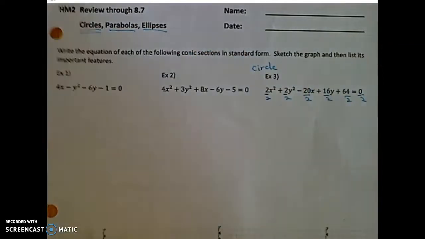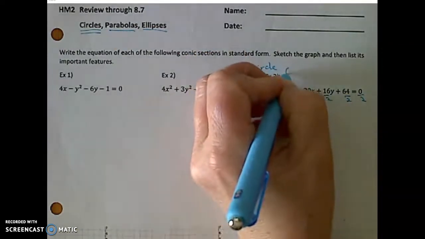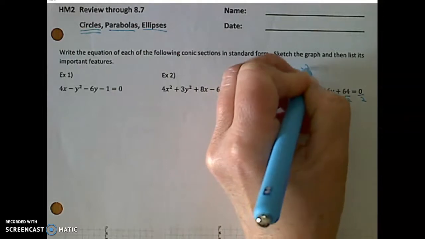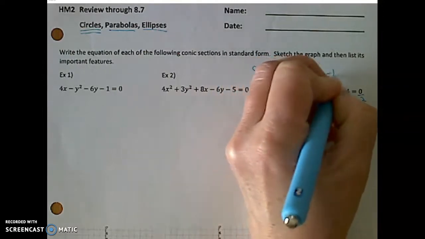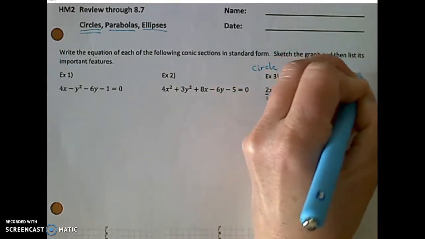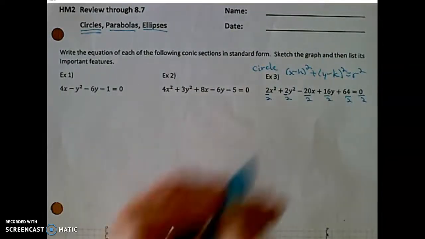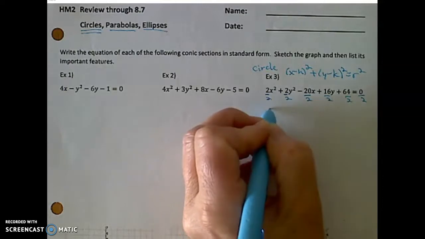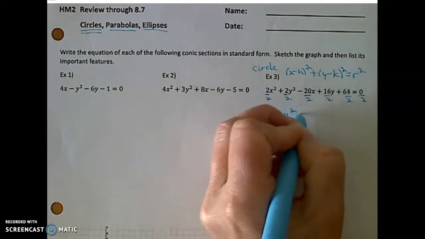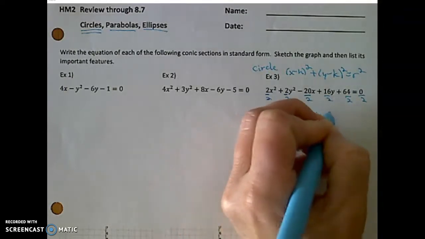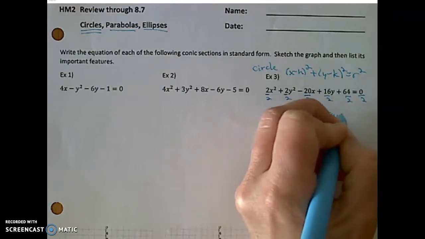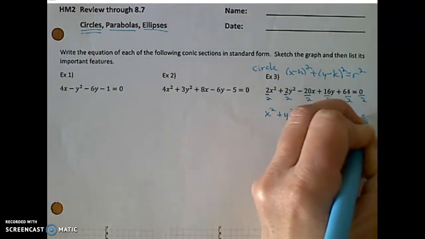We're going to rewrite this equation of a circle in standard form, which is x minus h squared plus y minus k squared equal to r squared. So it's a good time to stop and review all the equations we've seen so far. Divide through by 2, this becomes x squared plus y squared minus 10x plus 8y plus 32 is equal to 0.